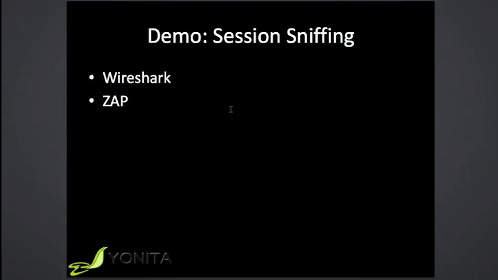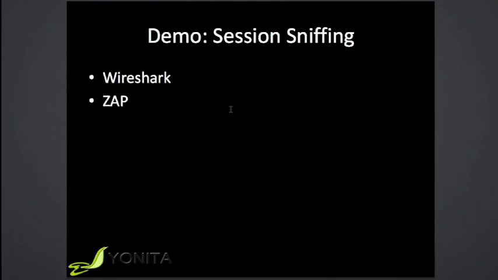I was supposed to do a demo with session sniffing, but I guess that we can skip it. That's pretty simple. The tools I use are Wireshark and the ZAP application proxy.